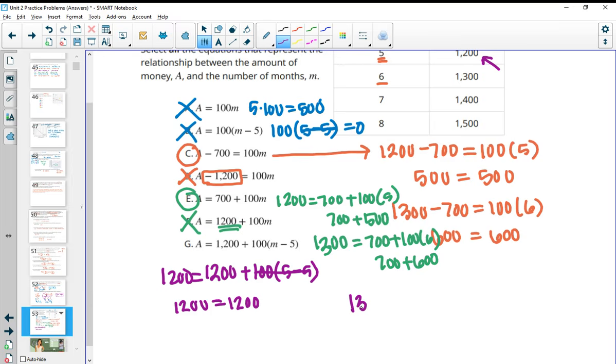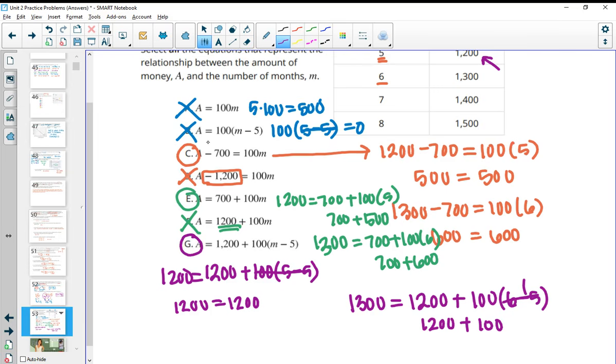And then let's try it for 6. So at 6, the amount is 1300. And then 1200 plus 100 times 6 minus 5. So that's going to be 1200 plus 100 times 1, which is 100. 1200 plus 100 is 1300. So that one's going to be true.